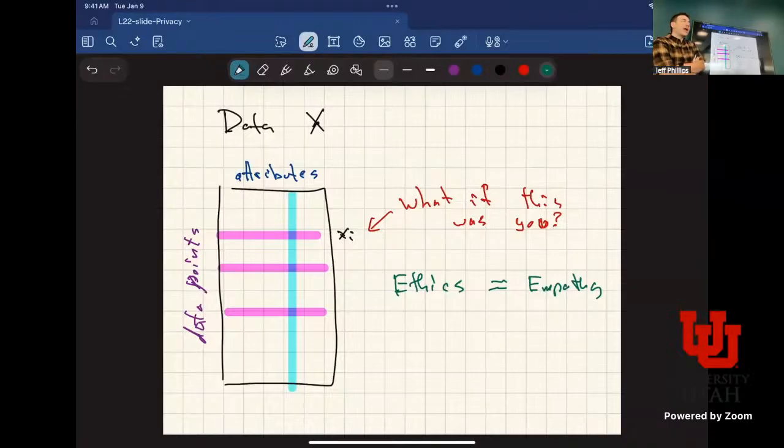Would you be okay if that was your data? All right, so I think if you approach it from this perspective, you're going to have a pretty healthy view of it, and you're going to make some healthy decisions. I don't think it's my place to tell you what decisions to make with it, but to give you some guidance, I think this is a pretty good principle.